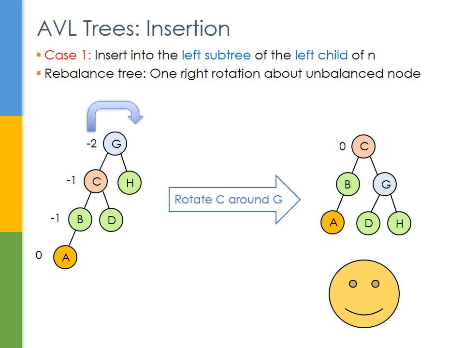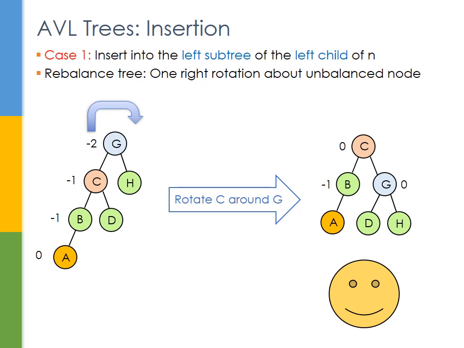So we need to increase its balance factor by 1, giving us a balance factor of 0. If we look at node B, the balance factor doesn't need to change there, so it remains -1, and the reason for this is that nothing has been changed as far as its left and right subtrees go.